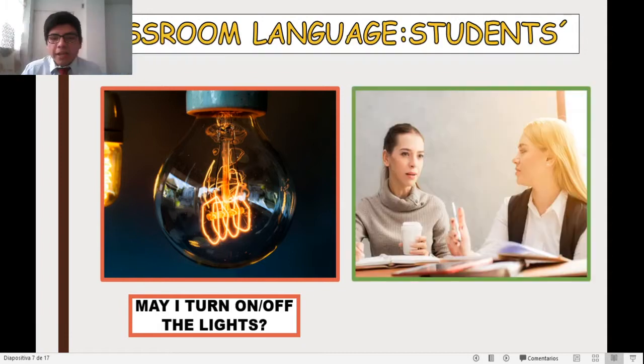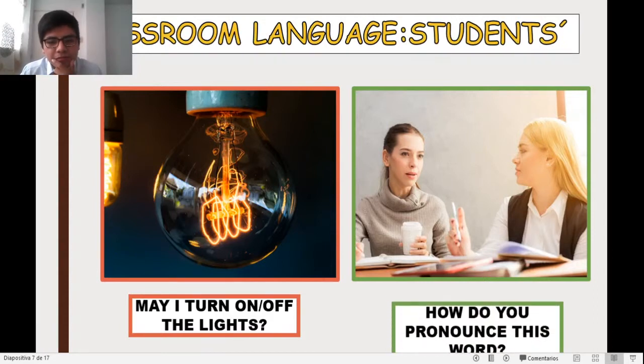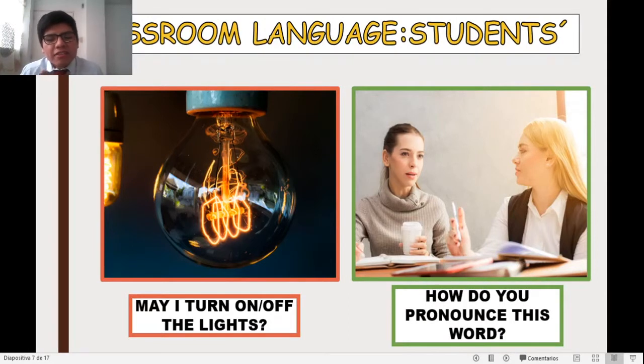What else? Can you guess what phrase belongs to this image? How do you pronounce this word? This is easy, right? Because if you don't know how to pronounce a word, you ask your teacher or maybe someone who knows how to pronounce that word.